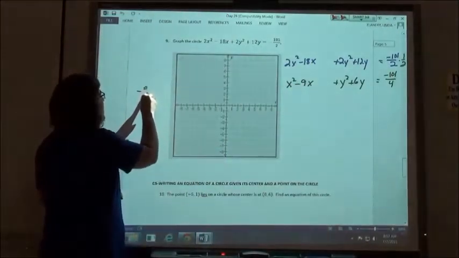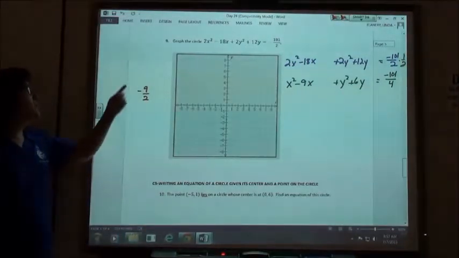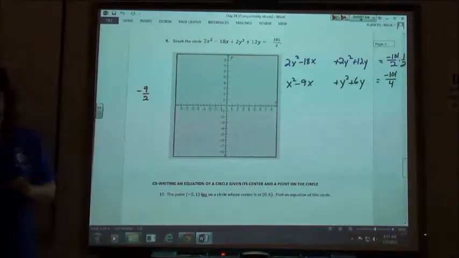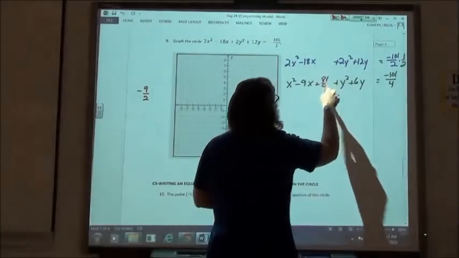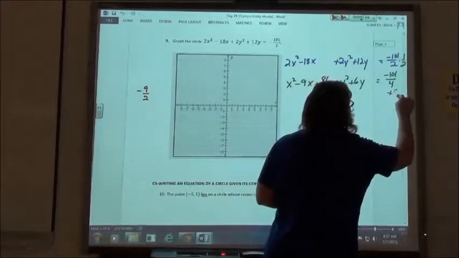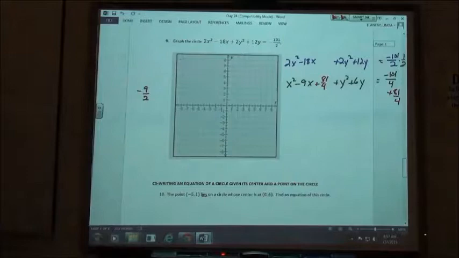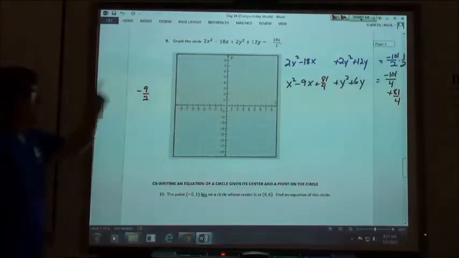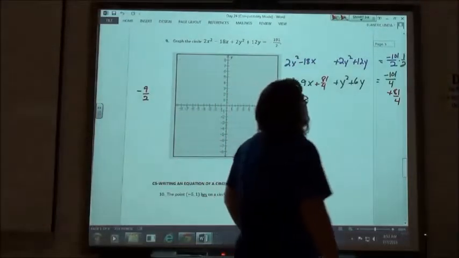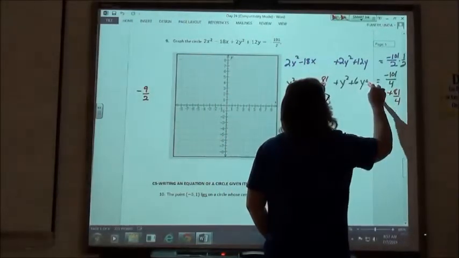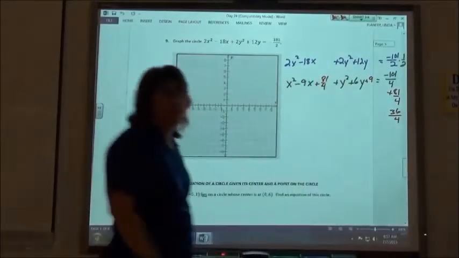Which would be negative 9 over 2, and then you square them. So if you square them, you're going to get 81 over 4, if I use my improper fraction, which I'm going to do. On the other one, we're going to add 9, which I could write as 36 over 4, since everything else is over 4.